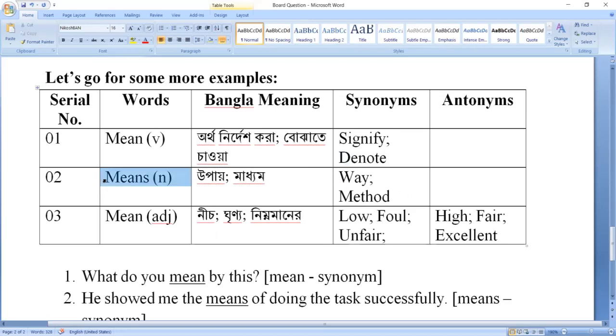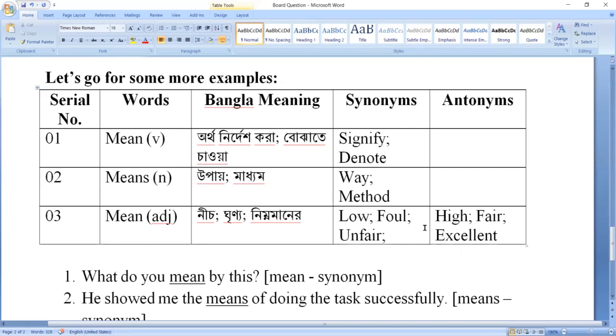And here the means is in noun, and when the word mean is in adjective, it gives us the Bangla meaning নিচু, ঘৃণ্য, নিম্নমানের, etc. And here we get the synonyms of the word mean, low, foul, unfair, etc. And we also get the antonyms of the word mean are high, fair, excellent, and there are so many words.